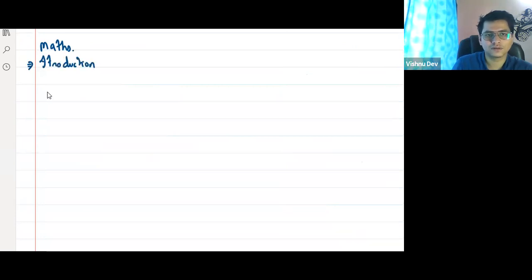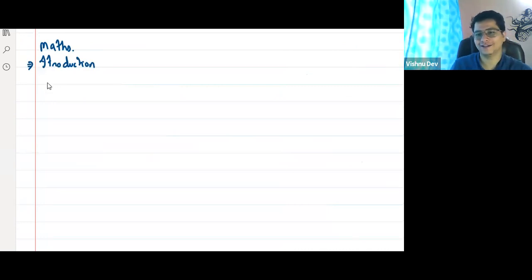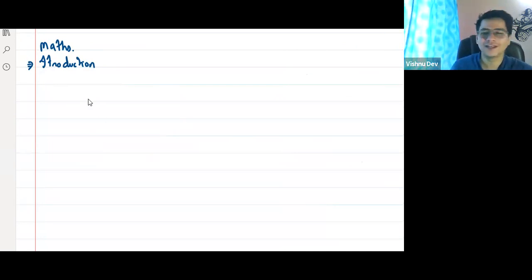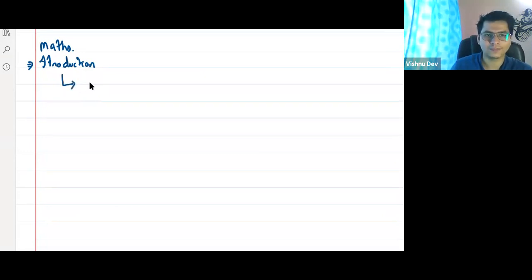You will not find this chapter anywhere in your textbook or in higher grades. Introduction means some topics which you cannot find in books, but they are used. In introduction, we have a topic called logarithm. First topic is logarithm.